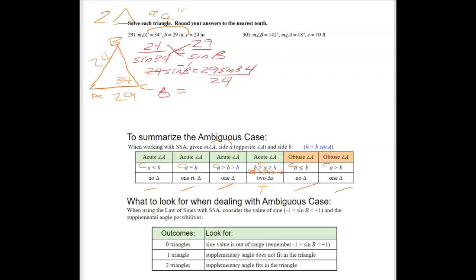So B equals 42.5 on our first triangle. Let's keep going. So 180 for the angles minus 42.5 minus 34 gives you 103.5.